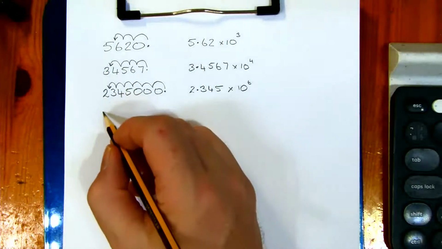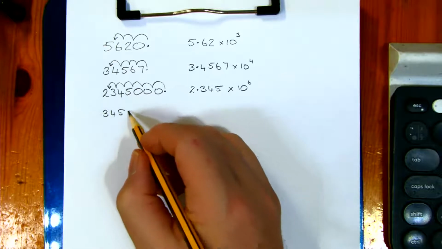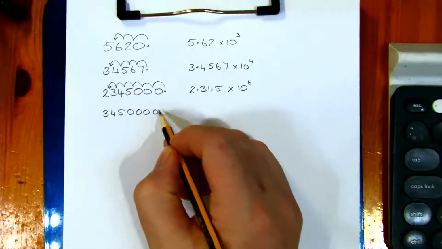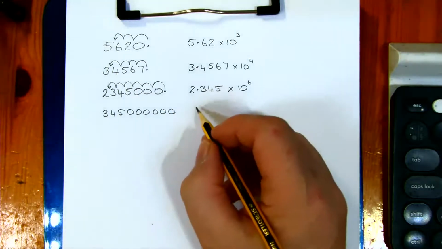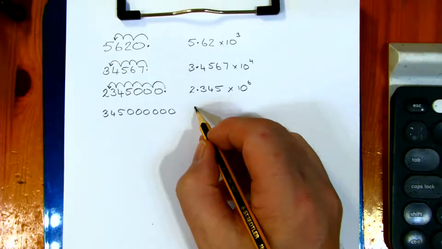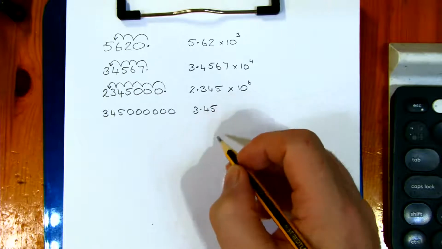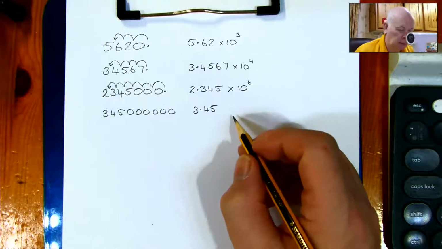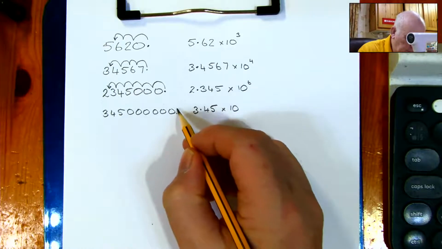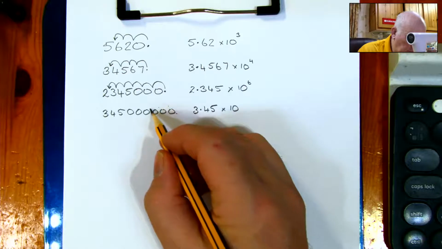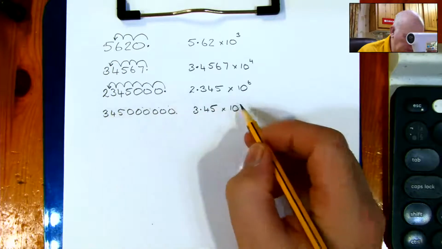Right, let's try another one. 345, and then I'm going to put 6 zeros after this. What do you think it's going to be? 3.45 times 10 to the power of 1, 2, 3, 4, 5, 6, 7, 8.